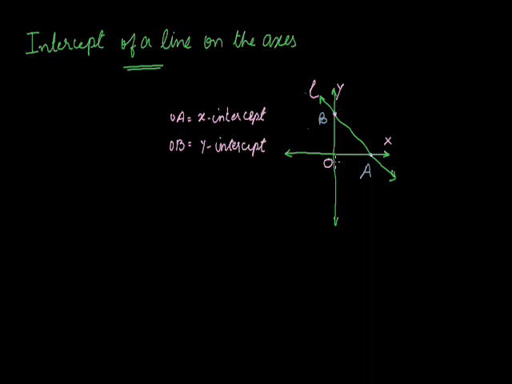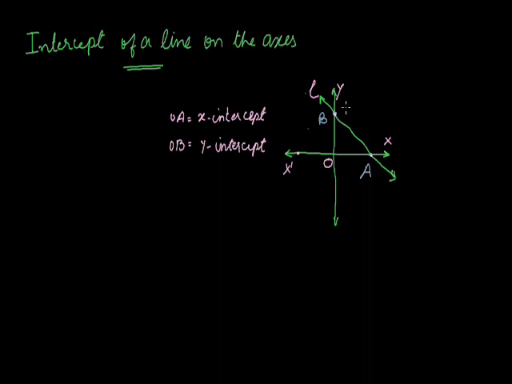Now the sign of x-intercept and y-intercept varies in such a way that if the line intersects the positive x-axis at point A, then the sign is positive. But if the line intersects the negative x-axis at some point, then it will make a negative x-intercept.